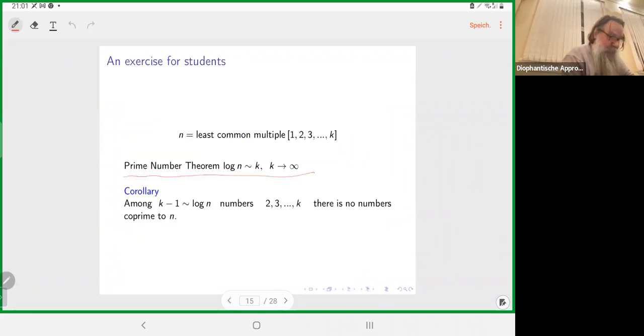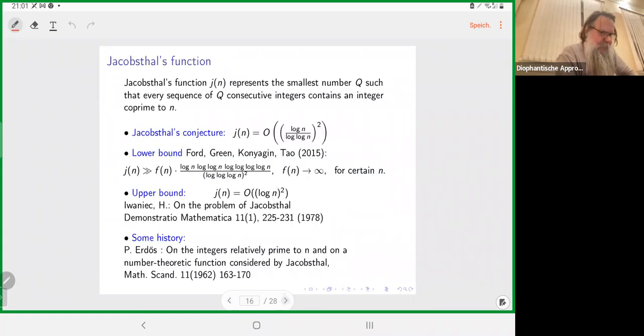The argument of my previous slide gives a log lower bound for the Jacobsthal function, in fact, but the Jacobsthal function itself is an important, non-trivial object in analytic number theory.